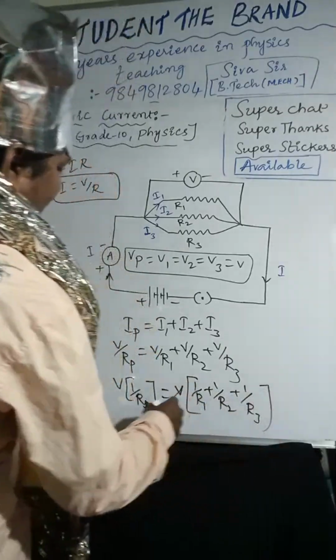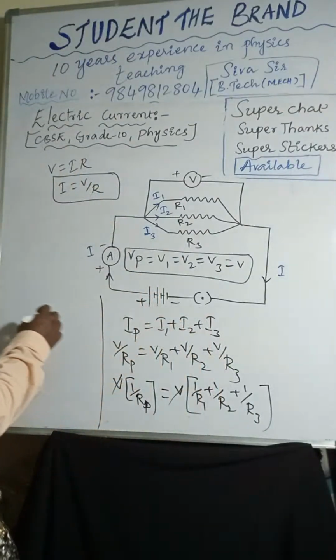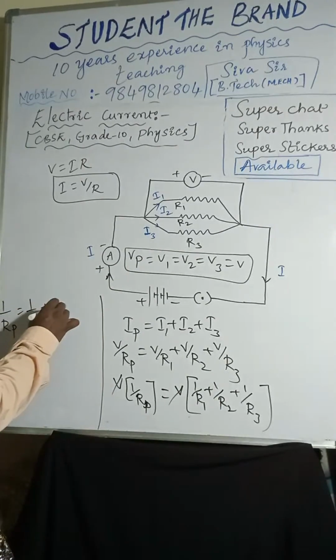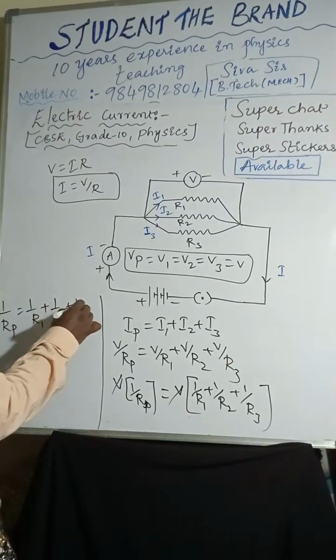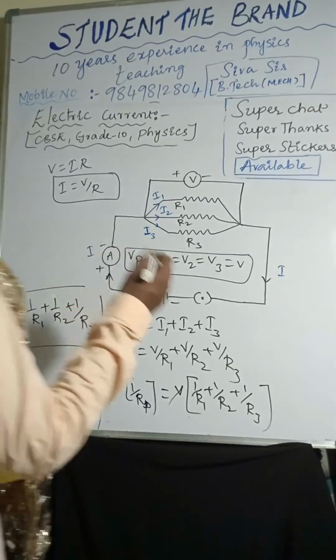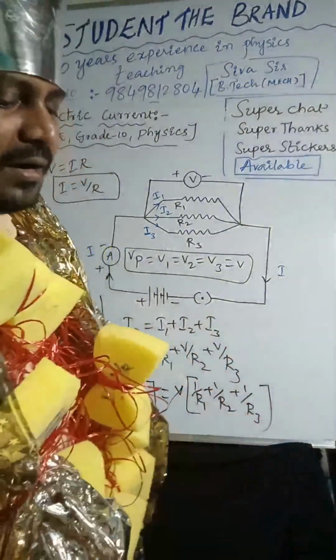V will get cancelled. So this is about resistors connected in parallel combination.